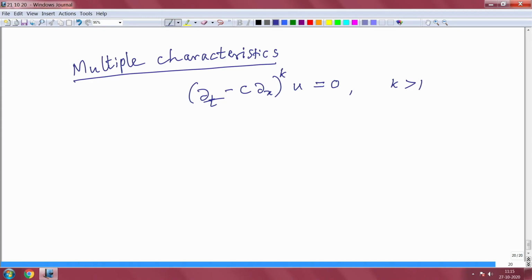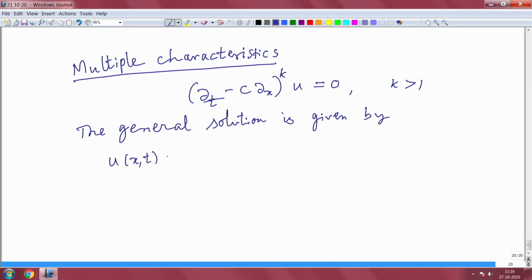So, again by an induction argument, the general solution is given by u of x, t is equal to f1 of x plus ct plus t.